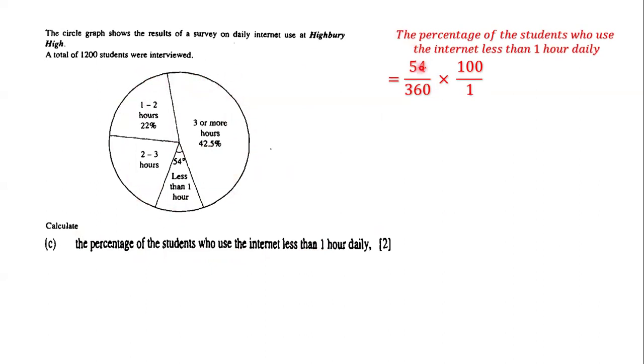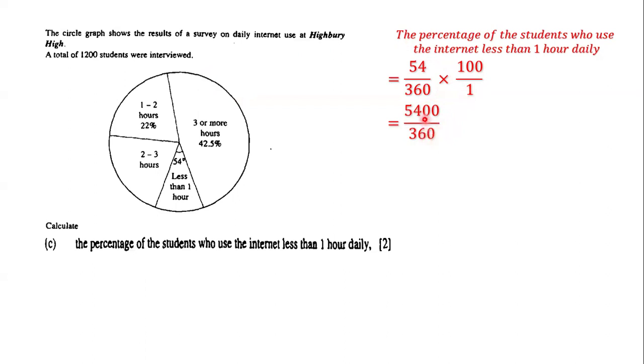And so we have 54 divided by 360 multiplied by 100 over 1. So we have 54 multiplied by 100, which is 5,400. We have 360 multiplied by 1, and that gives us 360.